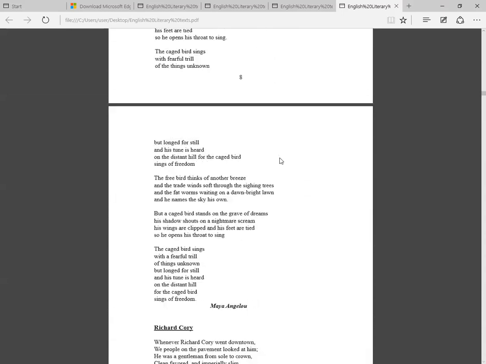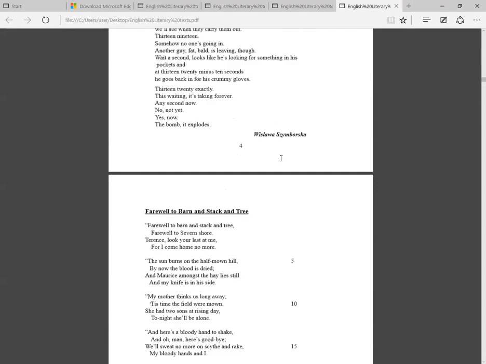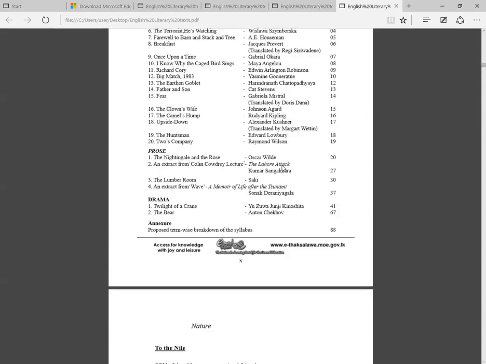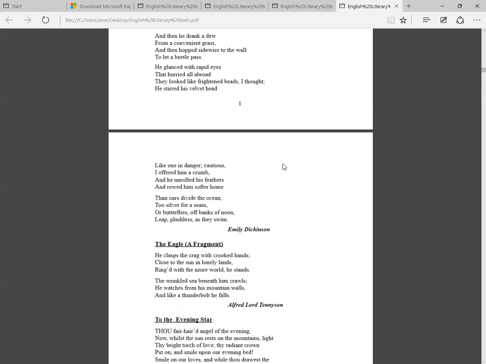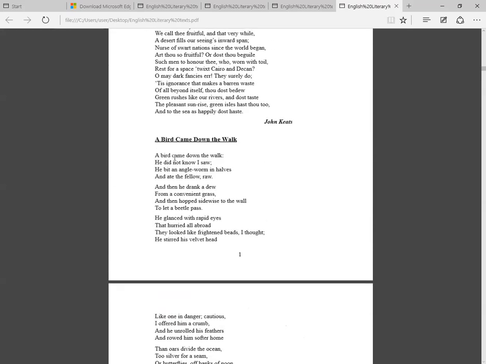Go to the poem A Bird Came Down the Walk, on the first page. Now let's find out the pattern. A bird came down the walk. He did not know I saw. He bit an angle worm in halves and ate the fellow raw. Right.